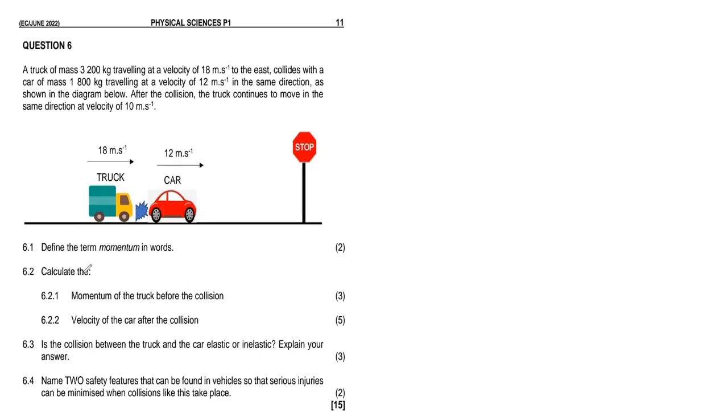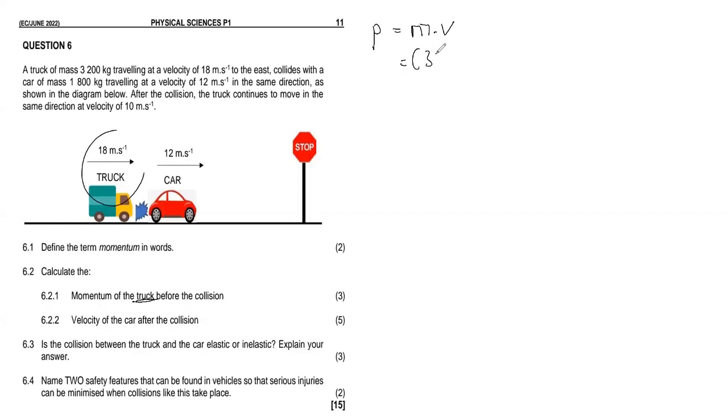Then 6.2 says calculate the momentum of the truck before the collision, right? So to calculate the momentum, we know the formula from the definition is the product of the object's mass and its velocity. Now remember, this is the momentum of the truck, so we must use the information for the truck.